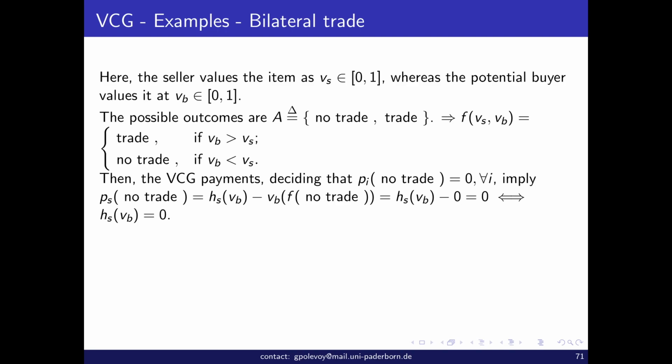So for the non-trade, what is going to be the seller's payment? It's going to be h_S of the value of the buyer minus the value of the buyer for the chosen alternative.